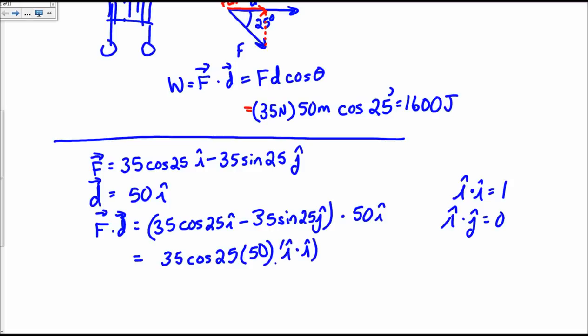And that gives you the same thing. It's just sort of the longer way of thinking about it, but it's 1600 joules. This is the definition of F dot D, and it's a lot easier going the first way.